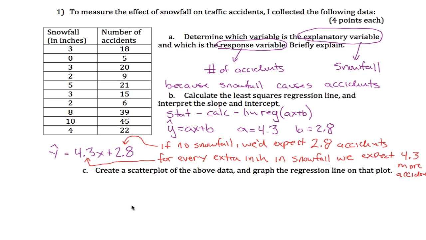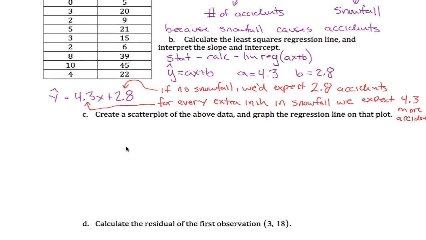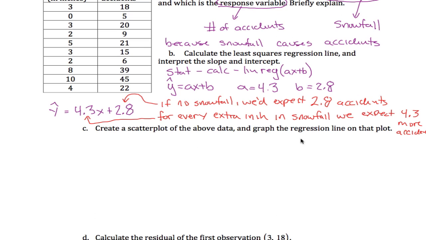Good enough. Alright, part C says create a scatter plot of the data and graph that least squared regression line. Alright, we can do that. A little bit tedious, but it's doable. We got to make sure we put our explanatory variable down here and our response variable up here. So we want snowfall down here and accidents over here.